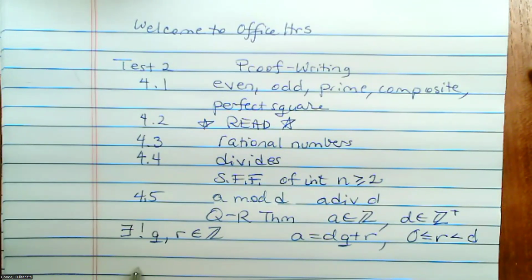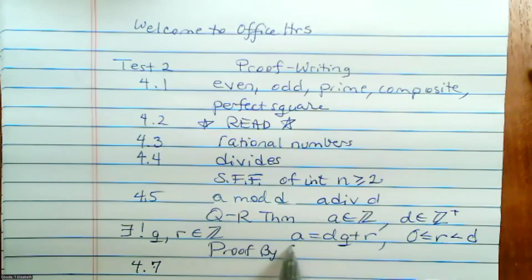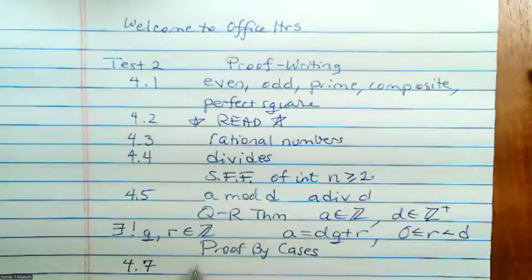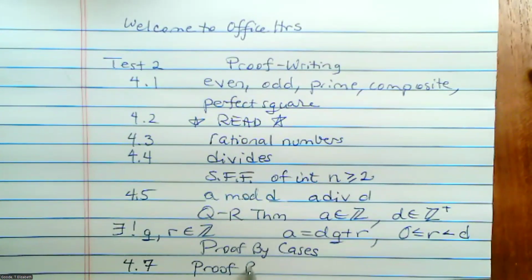And then proof by cases. And then 4.7 was proof by contrapositive and proof by contradiction. You're saying proof by cases was 4.6? 4.5.